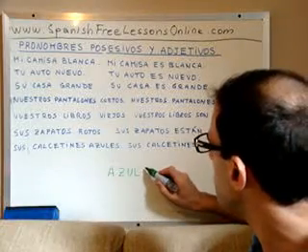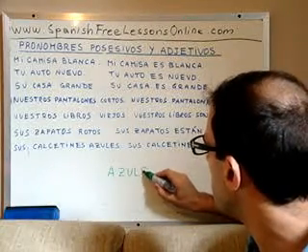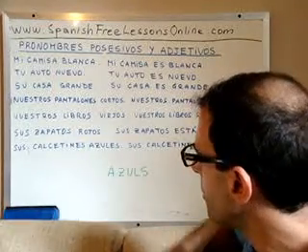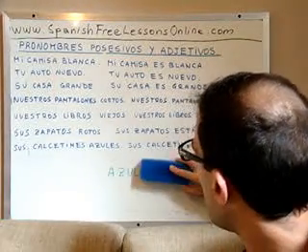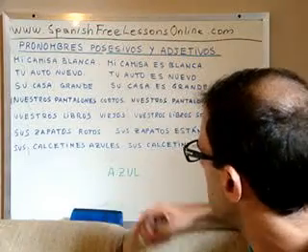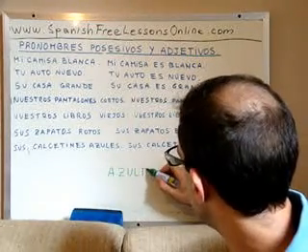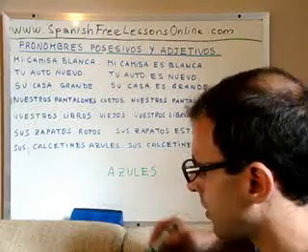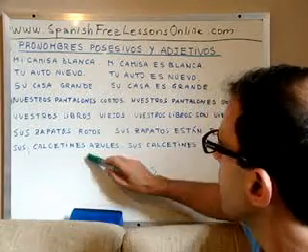Since you cannot in Spanish end a word with LS, the plural needs to add an E before the S. So this would be the plural for blue, right? Azules here.